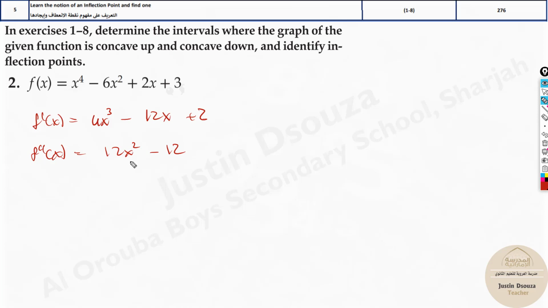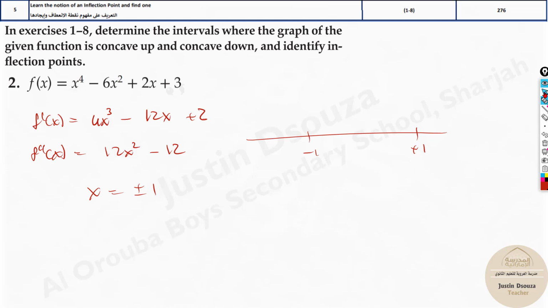Now we can put it in the calculator, mode 5, 3, and get the answers. But since 12 and 12 is common, it's going to be x equal to plus or minus 1 by factoring. These are the inflection points. Now you can put minus 1 and plus 1 and find the points. The entire lesson explanation is done on this.